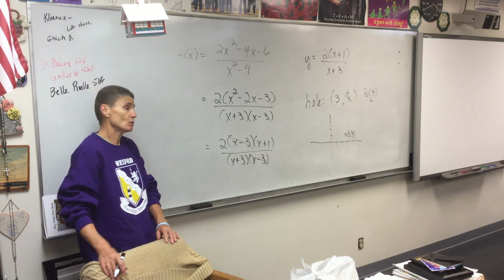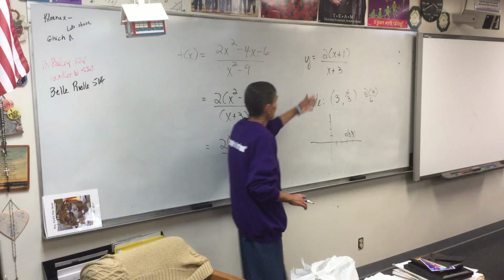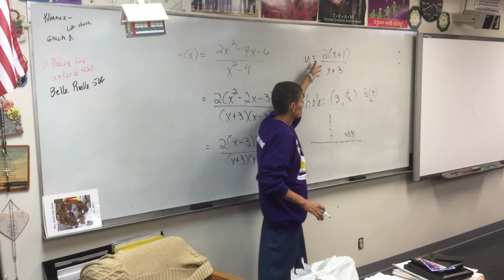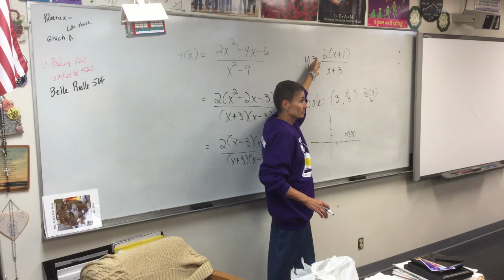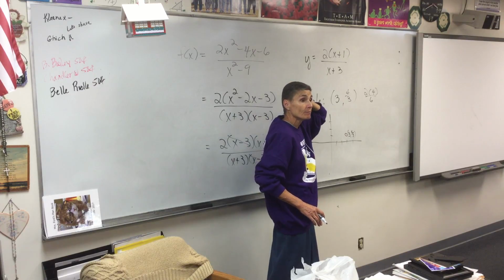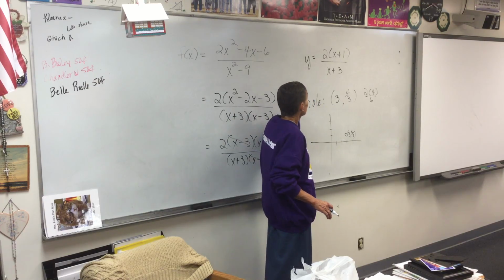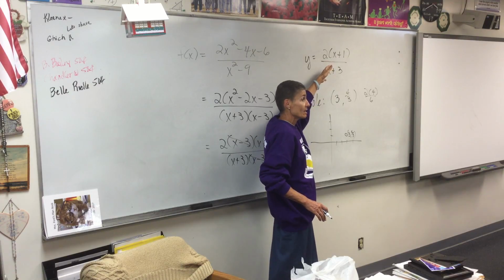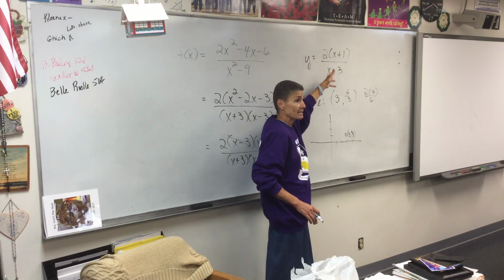Now, what about asymptotes? Tell me about the asymptotes. Where do I put a vertical asymptote?